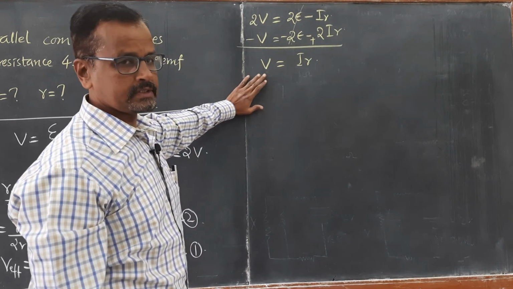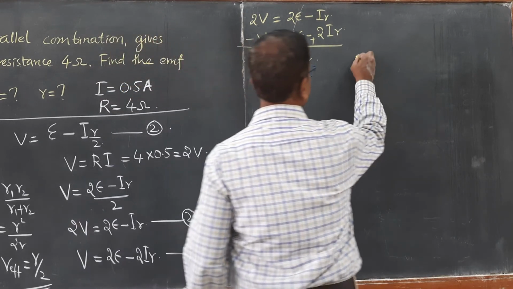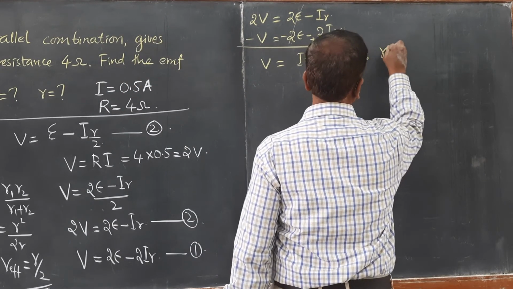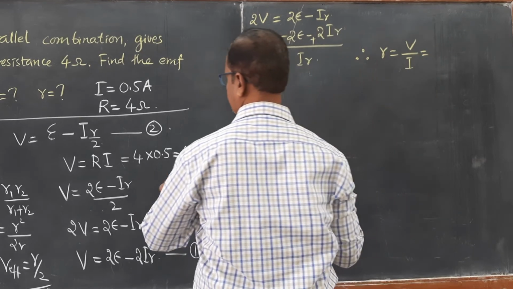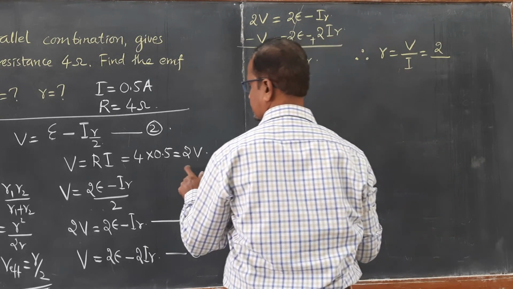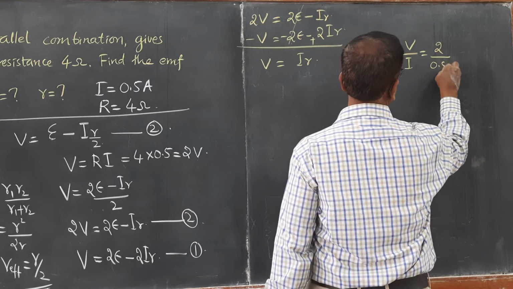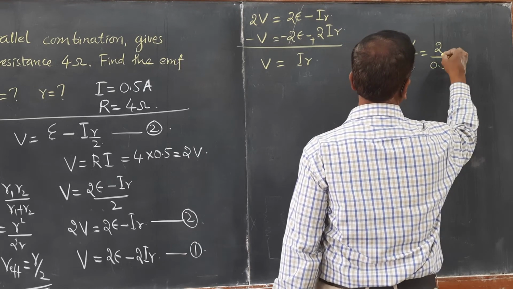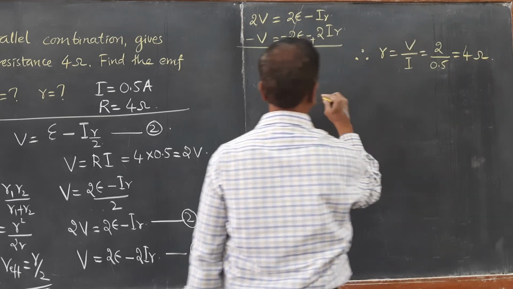V is already known to us and I is also known to us. Therefore, small r is equal to V by I. We have found out V is 2 volt. 2 volt divided by current, and the current is 0.5. So it becomes 2 by half, which is 4 ohm.